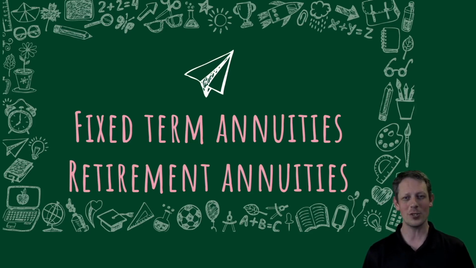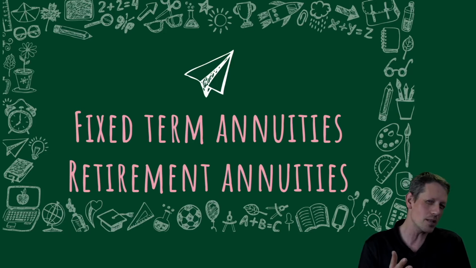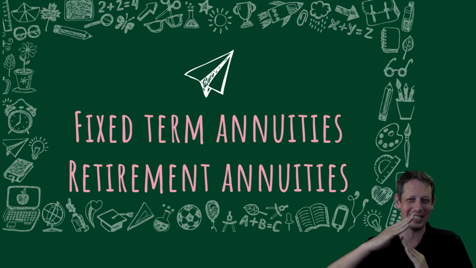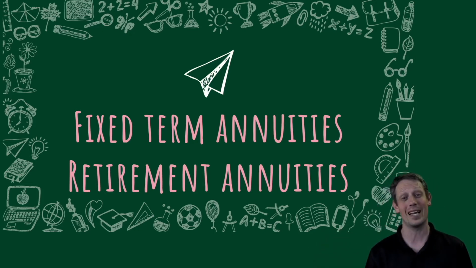Retirement annuities are a bit of a different story because, of course, we don't know exactly when we're retiring, but usually we take retirement age to be 60, 65. That is when you go, I'm done, I've worked too hard in my life. The scary thing in South Africa, ladies and gentlemen, is that less than 30%, if I remember the stats correctly, of working people actually save up for retirement.